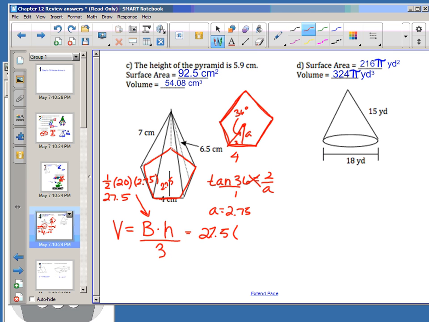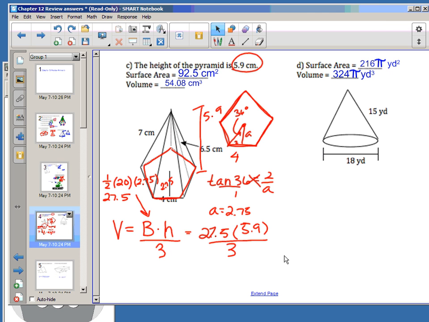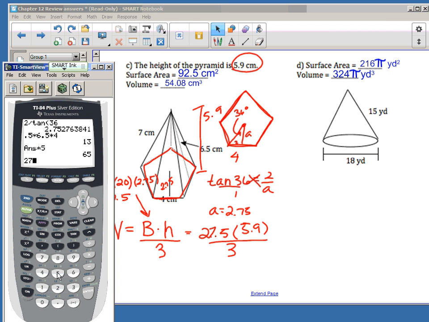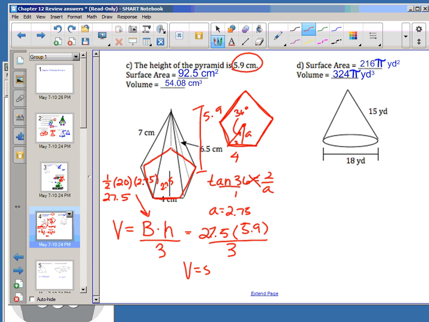It tells me in the problem that the height of the pyramid is 5.9, which means from here to here, it's 5.9. So I'm going to multiply by my height, and then I divide that by 3 to get my volume. And then I get my volume to be 54.08 cubed.